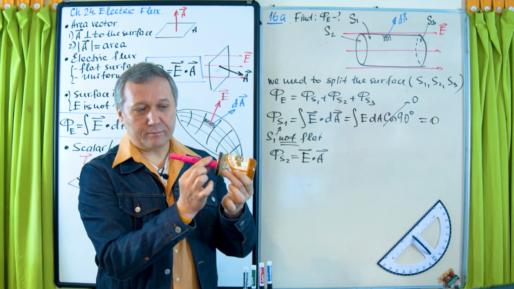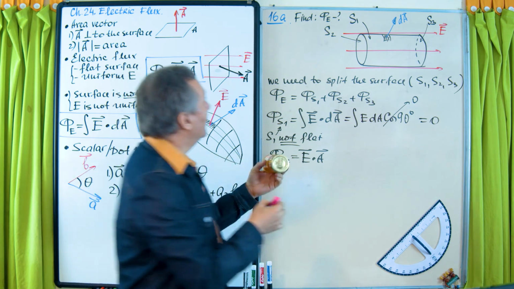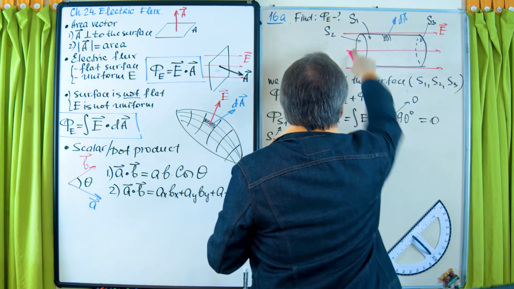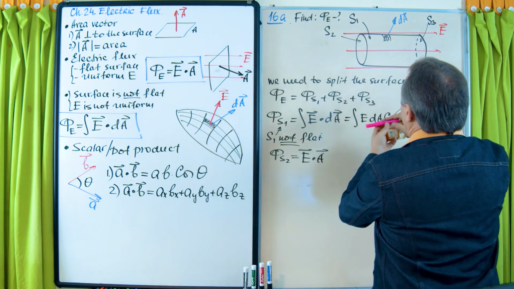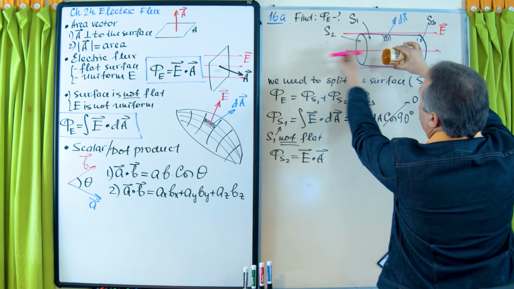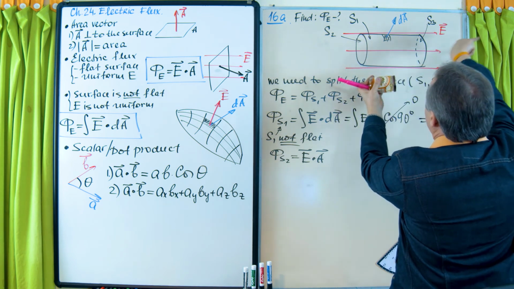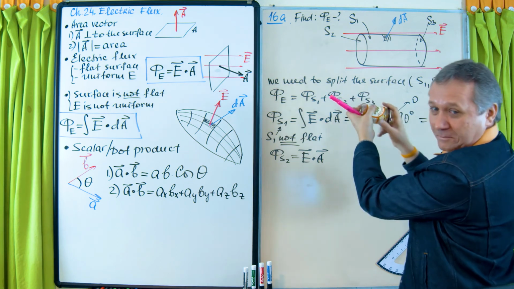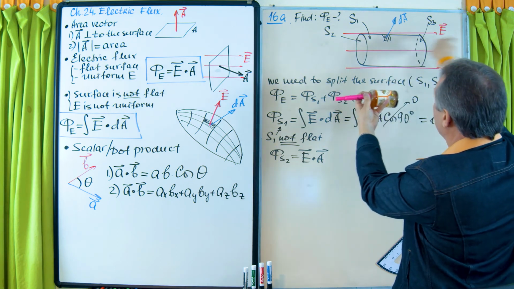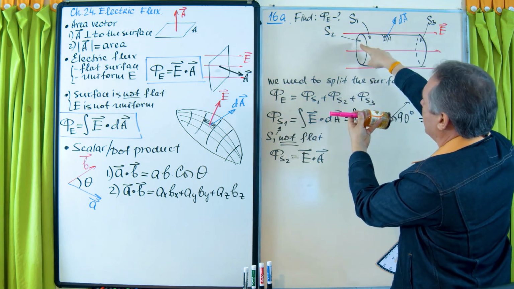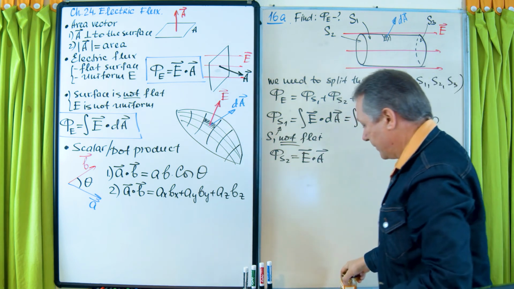The area vector is perpendicular. It's S2, this one, so it points that way. But the electric field points this way, and this vector S2 that way.